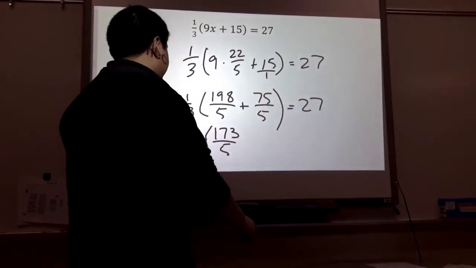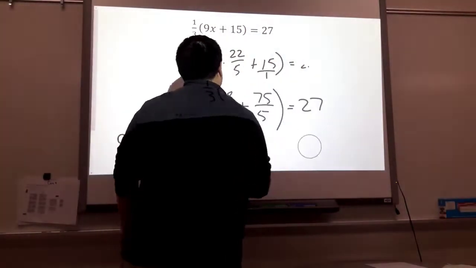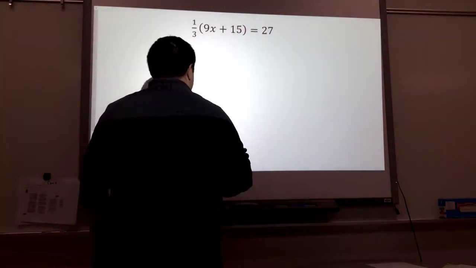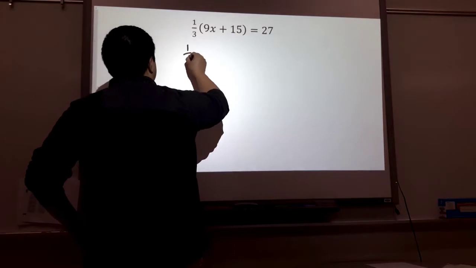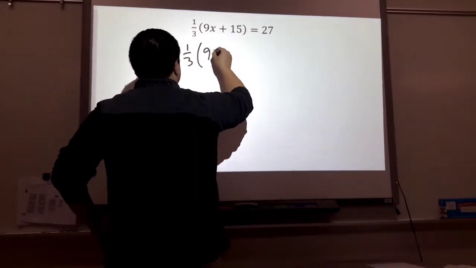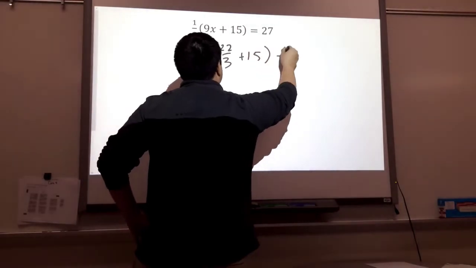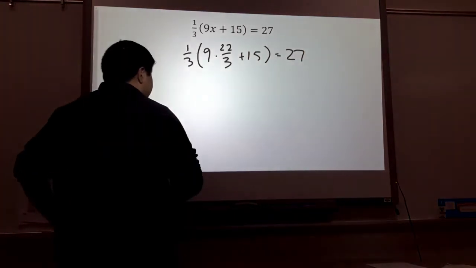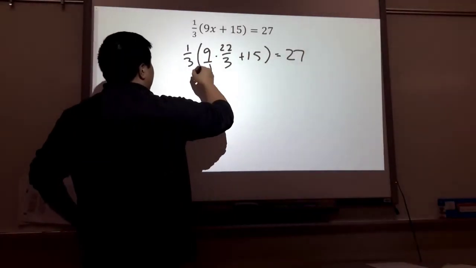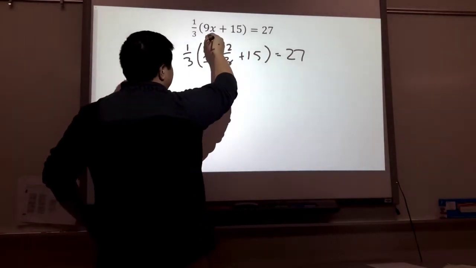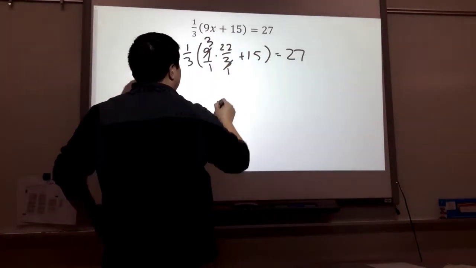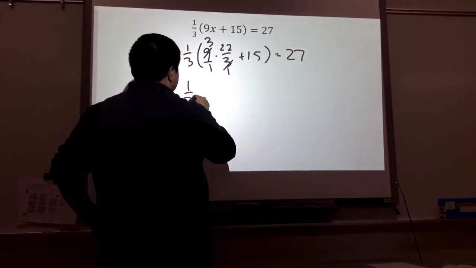So we have 1/3 times (9 times 22 over 3 plus 15), which equals 27. Put this over 1, cross cancel, we get 3. This is 1, so we get 1/3.